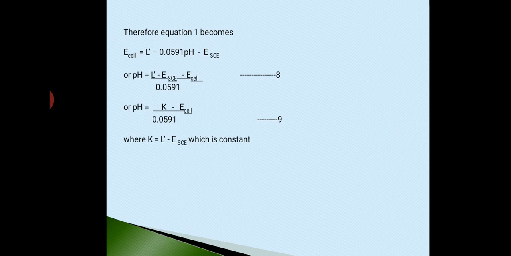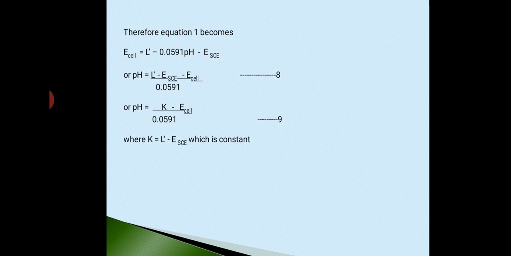But this is not it, students. Why? Because when we are trying to determine pH of any unknown solution, first the pH meter must be calibrated. What do we mean by calibration? We must set a range for that pH meter. How can I do that? I have to first dip the glass electrode, calomel electrode assembly in the buffer solution.